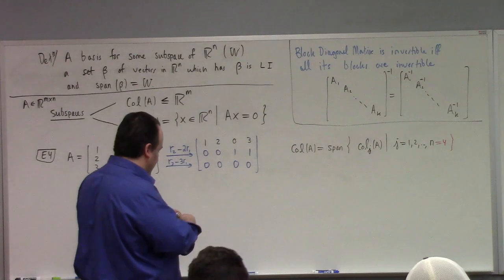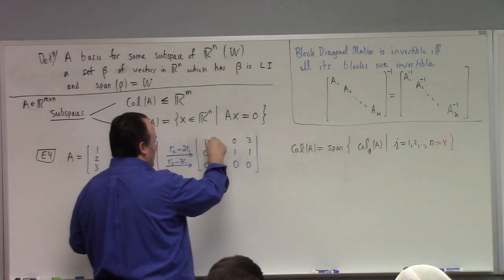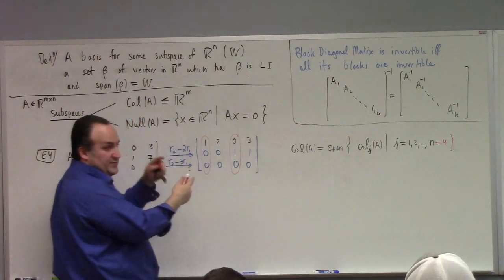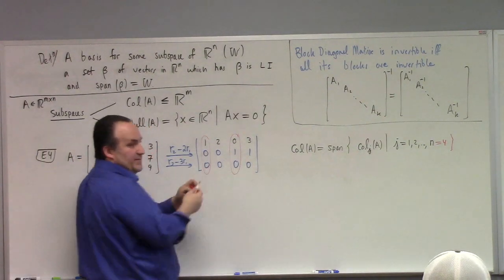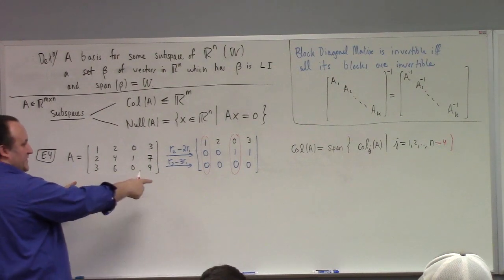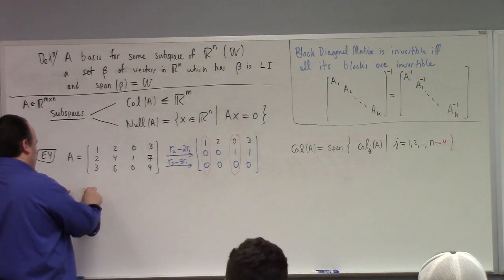It's pretty obvious, right? The column correspondence property says that if we use these two, these are the pivot columns, I can obviously build columns 2 and 4 from those. And the column correspondence property says the same is true over here. The most interesting one, perhaps, is column 4.